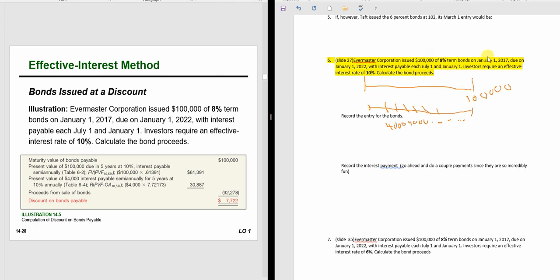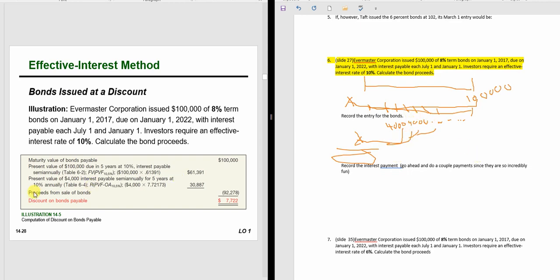So 100,000 times 8 is $8,000. Times a half a year is $4,000. So I'm going to pay $4,000 every 6 months. So if you look at this, I need to bring this back to the present value, and I need to bring these back as the present value of an annuity. And then I'm going to add those up and get the difference, or the total amount.